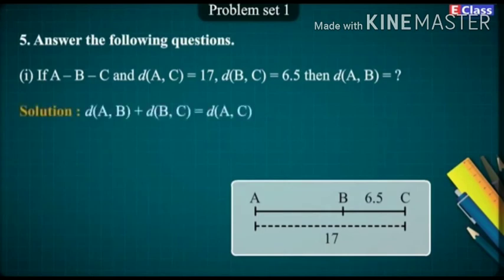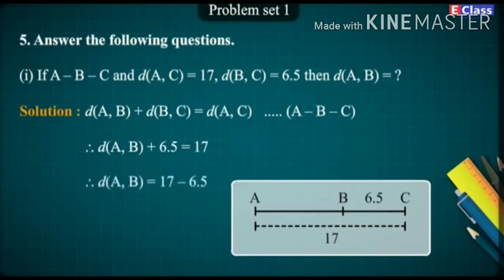AB + BC = AC, as A, B and C are collinear. Therefore, AB + 6.5 = 17. Therefore, AB = 17 - 6.5 = 10.5. Answer. AB = 10.5.